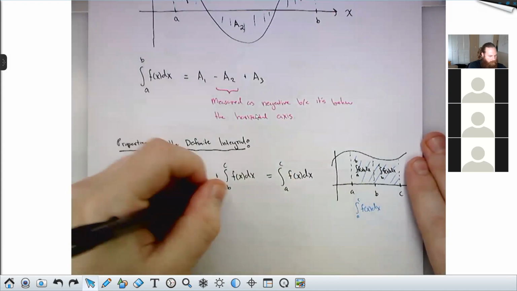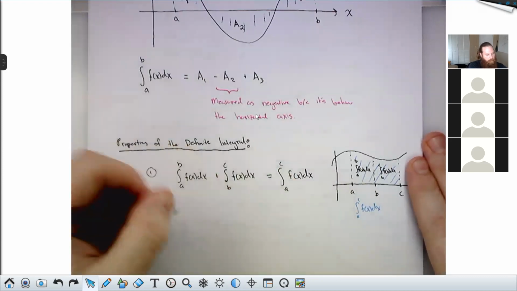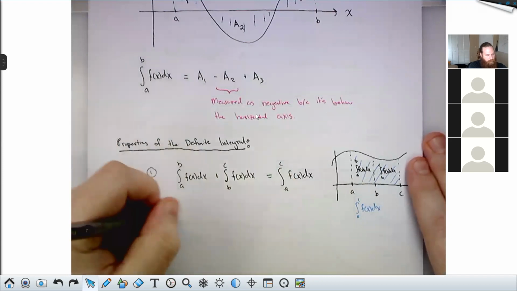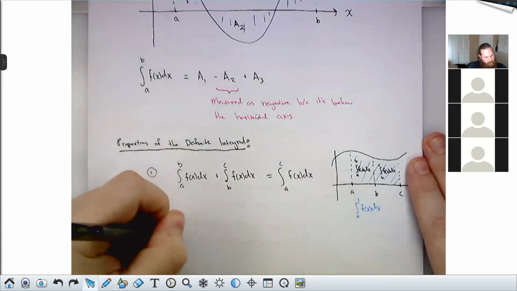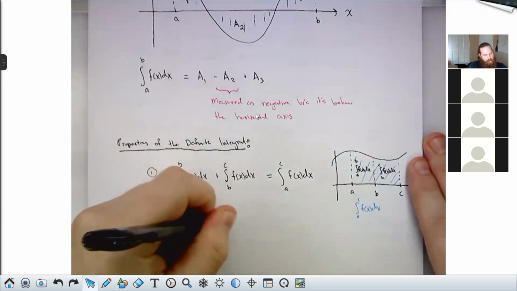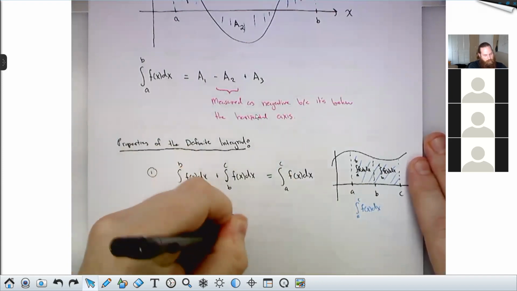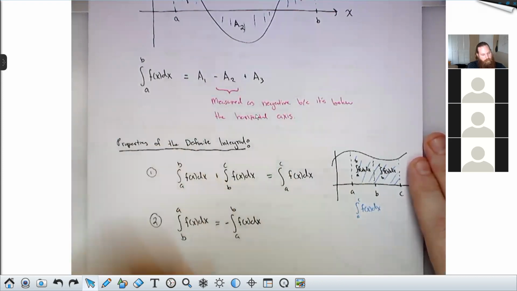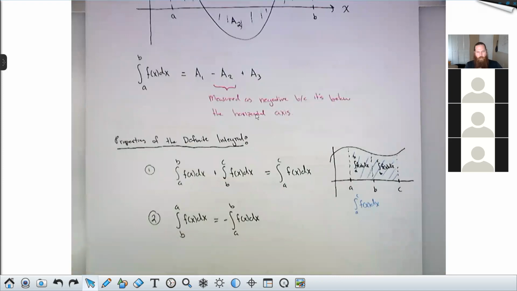This next property is not as obvious. Usually we think of a as the smaller number and b as the larger number. But if you flip those over, that just negates the integral. This has to do with what's called orientation. You can think of it as the delta x here would be negative, right?